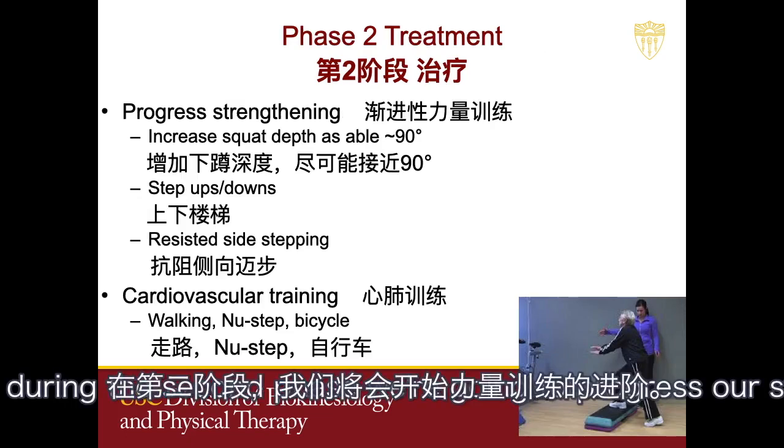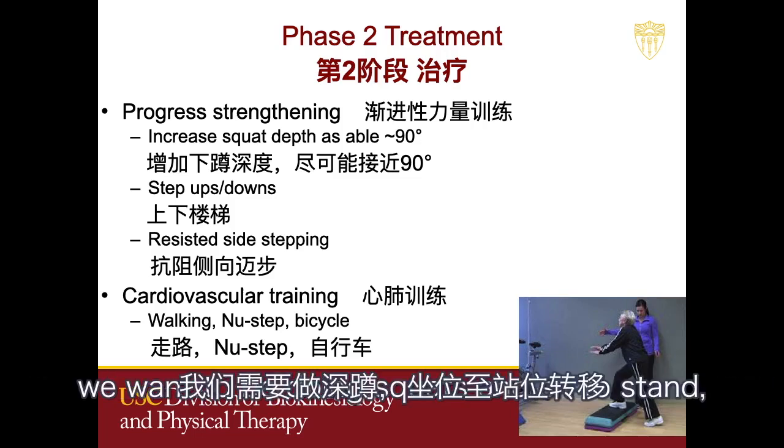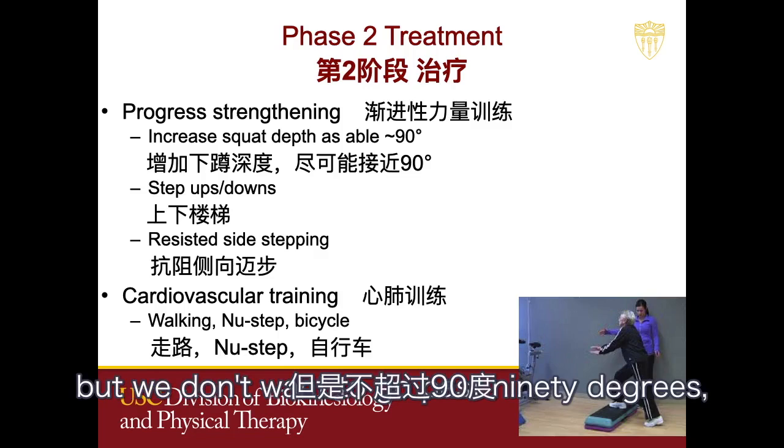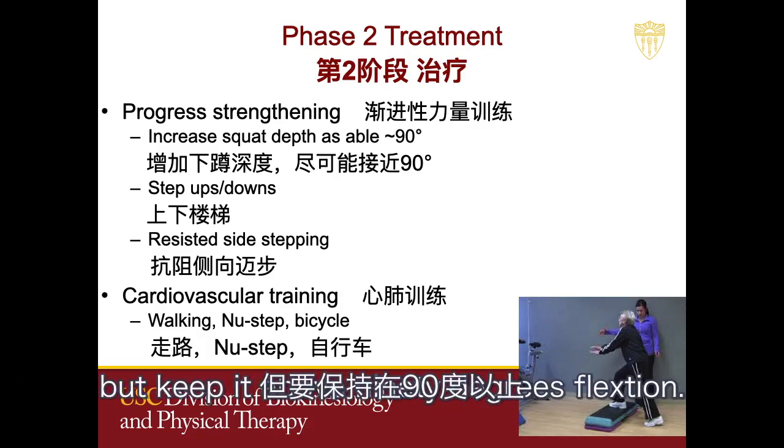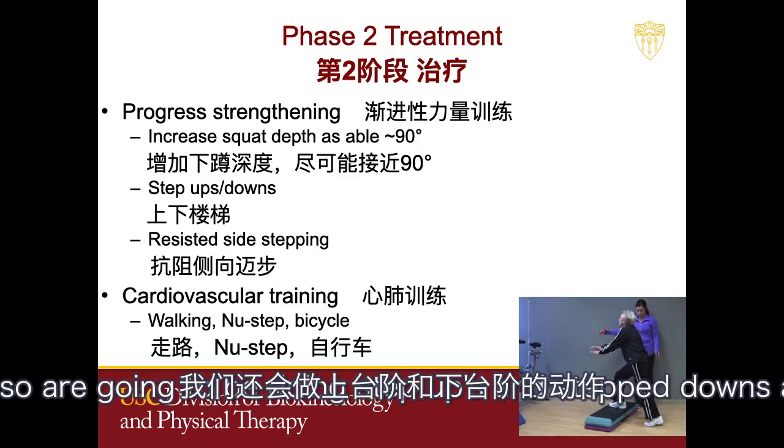So treatment during the second phase, we're going to progress our strengthening. We want to be doing squats and sit to stand, but we don't want to go past 90 degrees. So our squats can be a great exercise for this patient population, but keep it above 90 degrees of flexion. We also are going to be doing step ups and step downs.